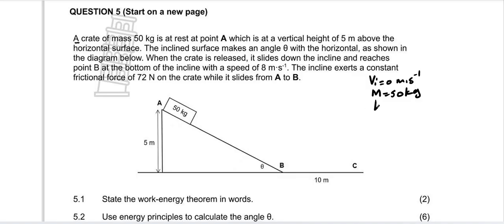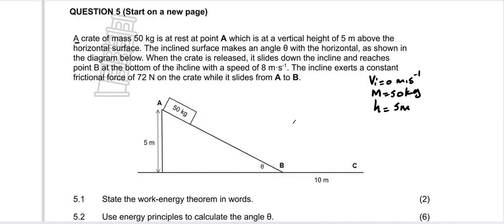Our height is 5 meters. The inclined surface makes an angle of theta with the horizontal, as shown in the diagram below. This is our angle of inclination, theta.